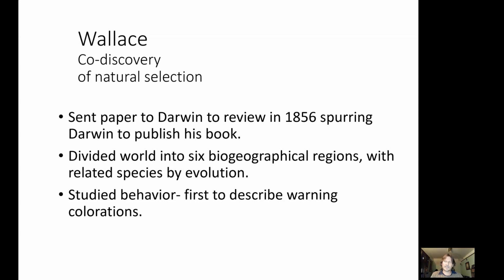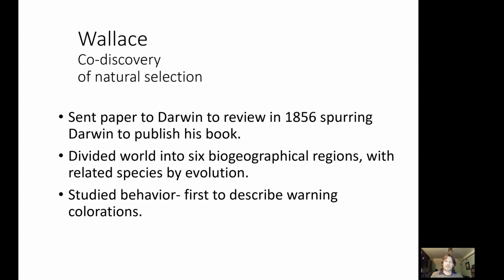Looking at this, he's thinking about why those species would be in different groups, found in different areas. He studies the behavior of species. And independently of Darwin, he comes up with the idea of natural selection, right? That you have a variety of traits, some are favored in increased reproduction, and those traits are passed on.